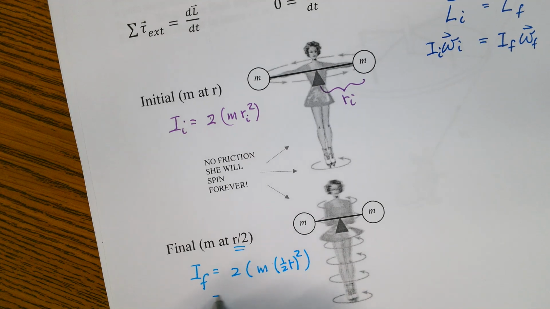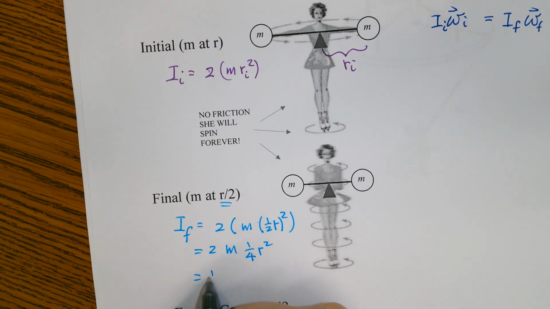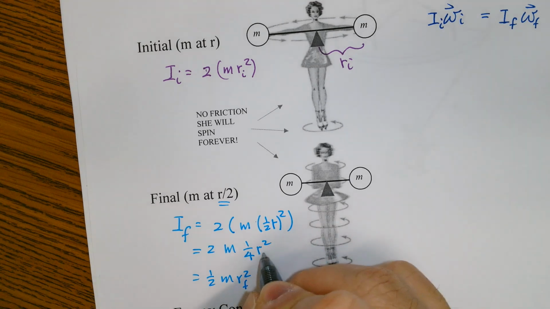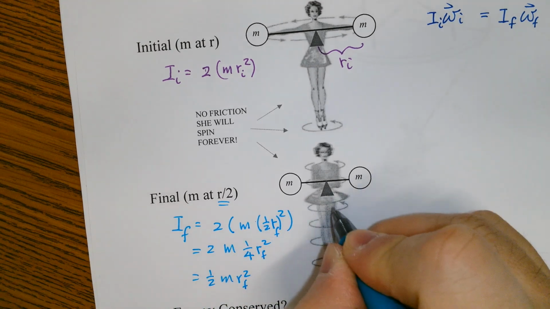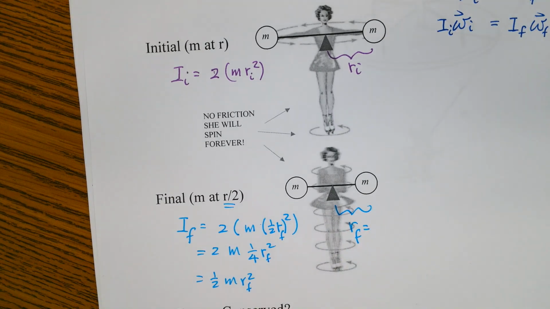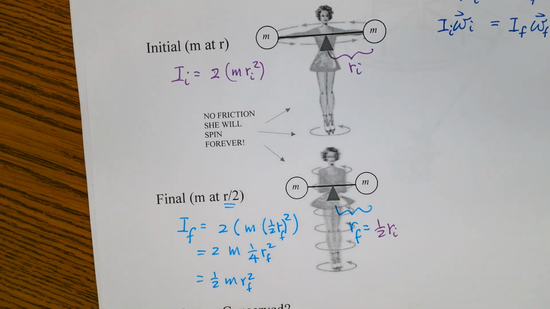So what do you get? You get 2 times m times 1/4 r squared. So you get 1/2 mr squared, which is 4 times less, right? So here, R final is equal to 1/2 R initial, right?